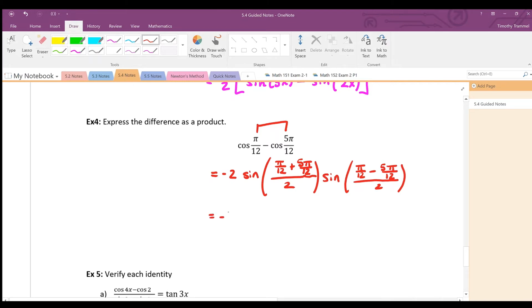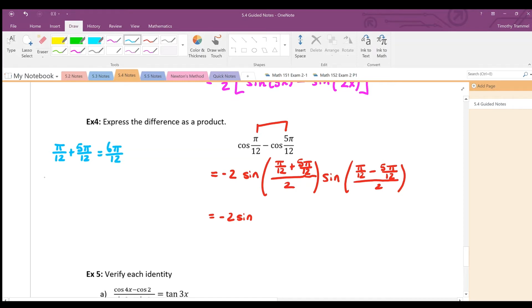So we get minus 2 sine, and I'm just going to do a little bit of side work here. If we were going to do pi over 12 plus 5 pi over 12, that would give us 6 pi over 12.